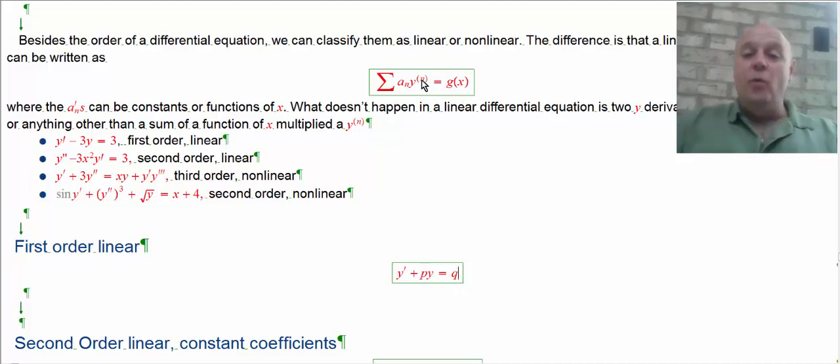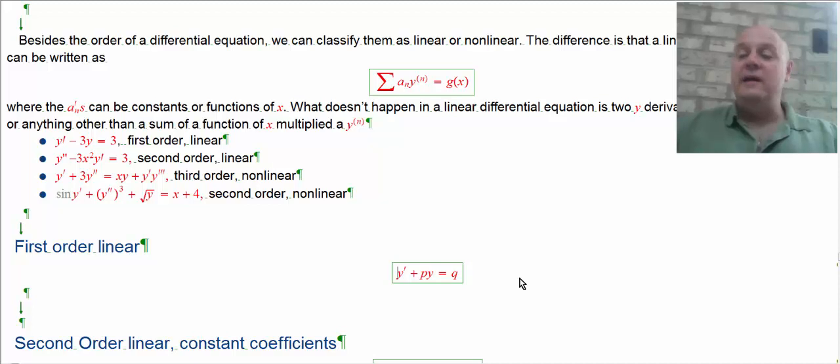Anything that was in front of the y prime, I divided out first so that I put it in this form, y prime plus py equals q. All first order linear equations can be put in this form, where p is a function of x and q is a function of x.